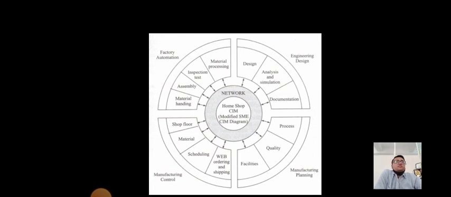And factory automation further comprises material processing, inspection test, assembly and material handling. When all this is centrally connected with a network, and this network is established under the host computer, then it is called the SIEM model, means computer integrated manufacturing modified SME SIEM diagram.